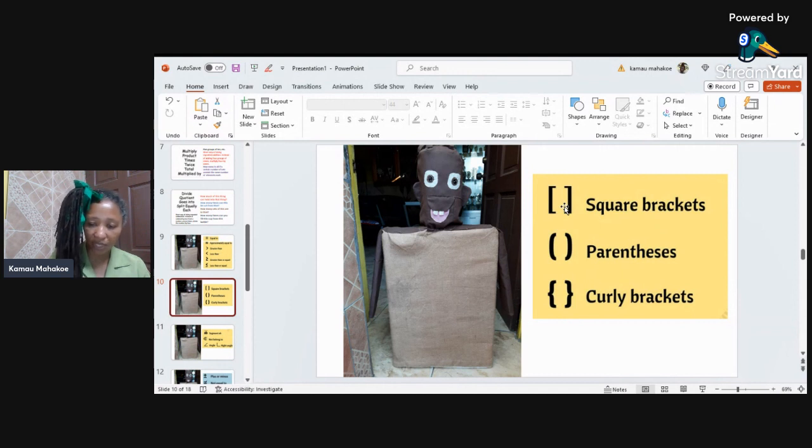That's how they're usually used. And we follow the order of operations, which we're going to be doing also as we go along. Probably our next math class will be order of operations, and the order of operations tells you which operations you need to work first before you work other operations.